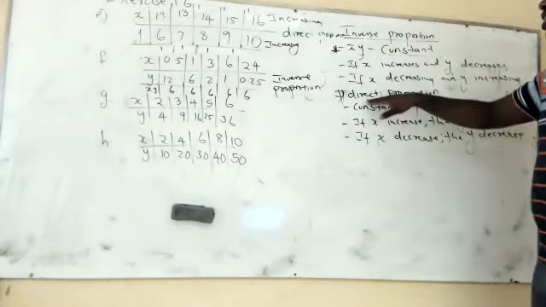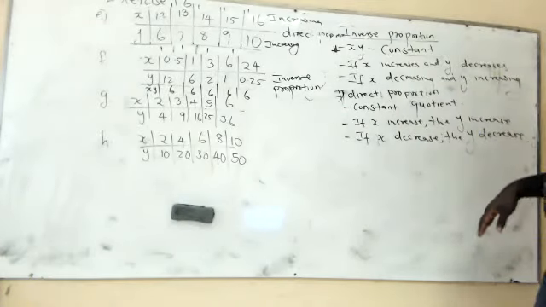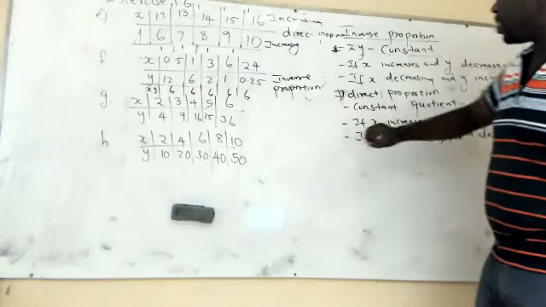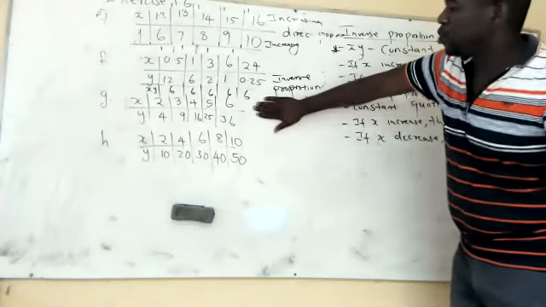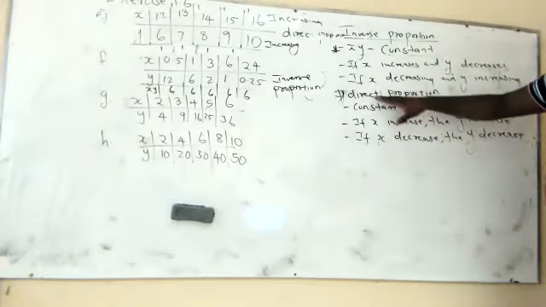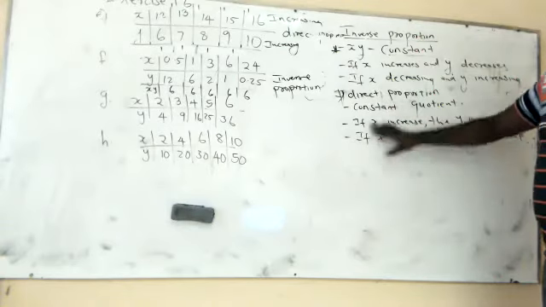Now for the direct proportion, we have to check, if we want to find out if the table you are given has direct proportion or inverse proportion or neither, these three conditions.